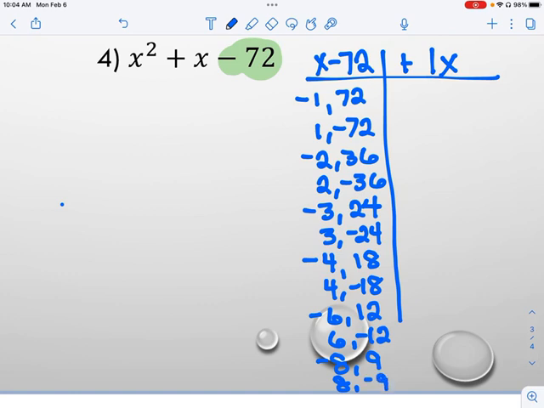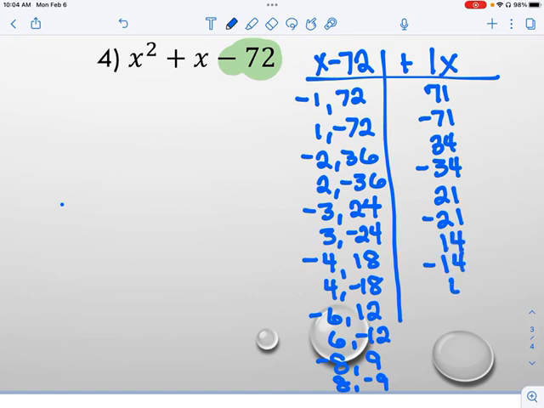If I look at these and start adding them together, this one's going to give me 71, negative 71, 34, negative 34, 21, negative 21, 14, negative 14, 6 and negative 6, 1 and negative 1.